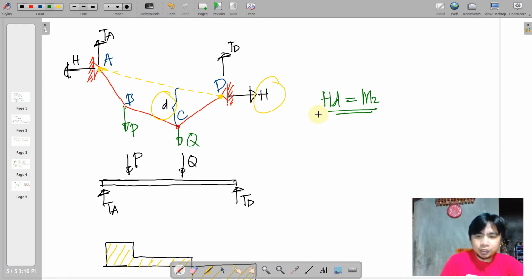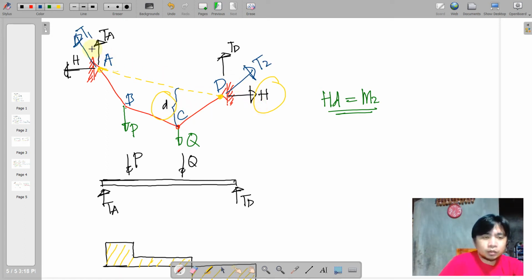We'll just have to say that the highest moment, which is point 2, will be the product of the horizontal reaction times the depth of sag that is measured from the lowest point up to the projection line between the 2 points, or the point where the reaction is. Okay, so this is the general rule if we do know this sag distance D.